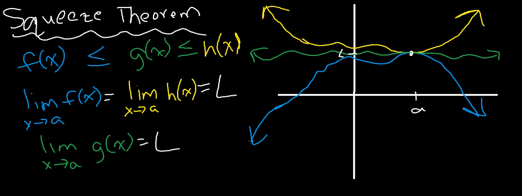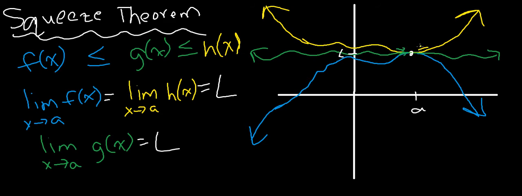We proved it graphically here. f of x is the smallest function, as you can see here. h of x is the biggest function. At this point, both f of x and h of x are approaching this same value L, and so g of x must have that same limit, because we're coming in from the left and from the right.